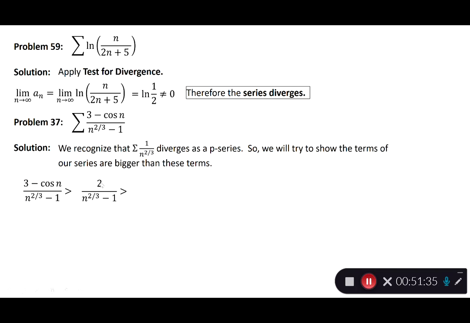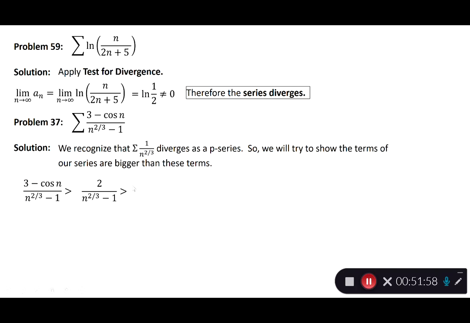Would you agree this is bigger than 2 over n to the 2/3? The answer is yes, it has to be, because with a minus 1, this denominator is a smaller quantity than n to the 2/3 itself, and the lower the denominator, the bigger the fraction.